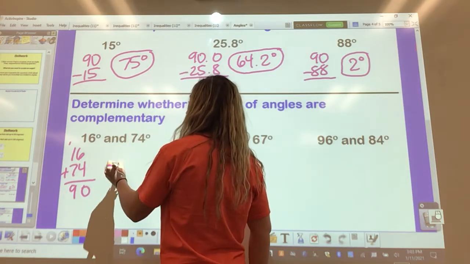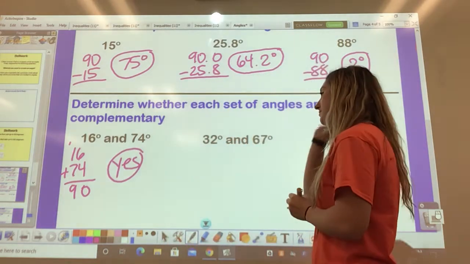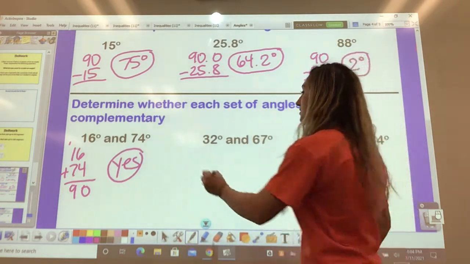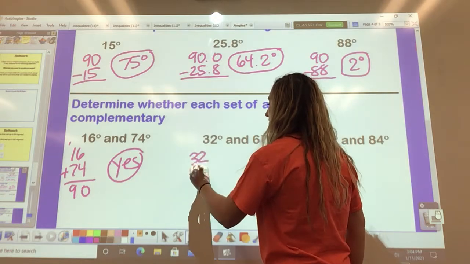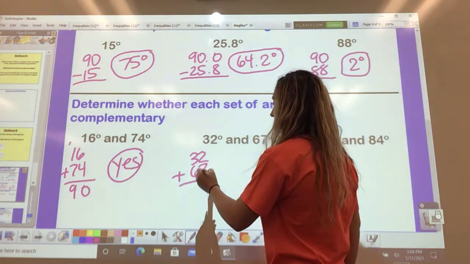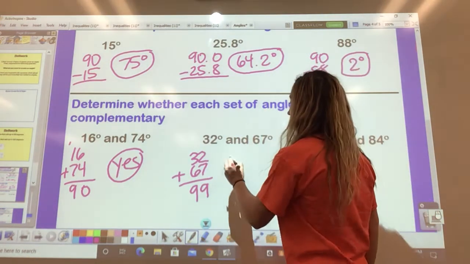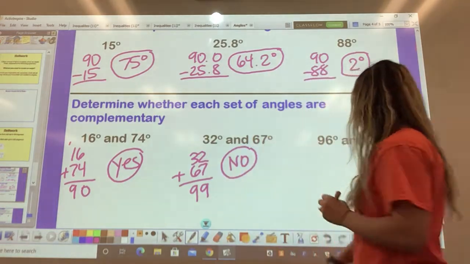So since they add up to 90, then you would say yes, these are complementary. How about 32 and 67? Do these add up to 90? Nope, they add up to 99. So no, those are not.